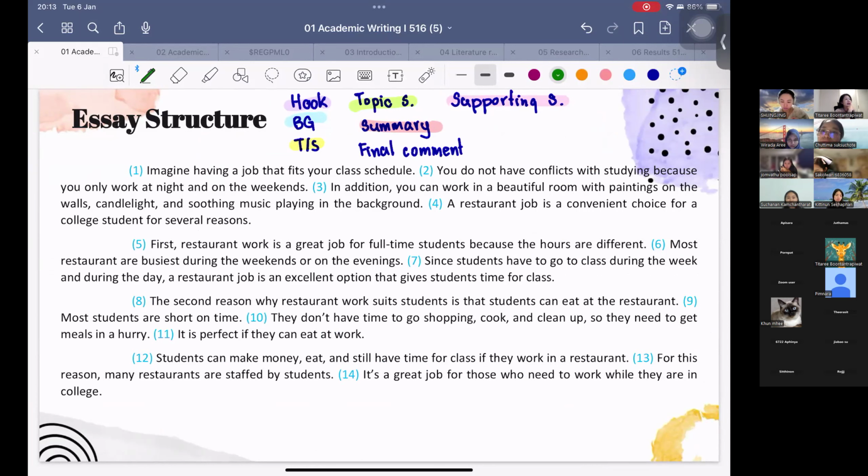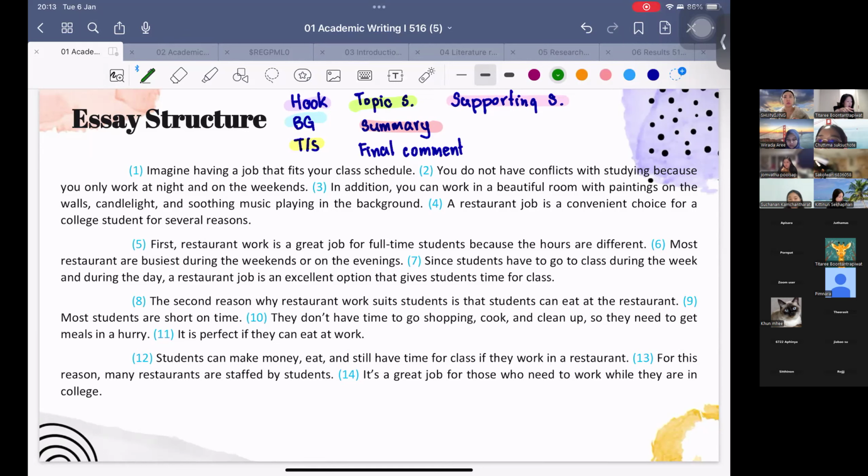For this one, it's a complete essay about a part-time job, I suppose. What I want you to do again is identify the hook, background information, and thesis statement, so whatever is located in the intro.